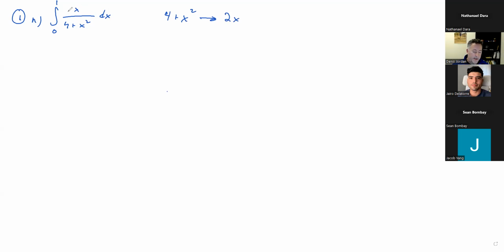You have the x, you're just missing the 2. So I'm going to put the 2 in there so it matches the derivative that I need. Well, if I put a 2 on the inside, I have to put something else on the outside. What do I have to put out there?